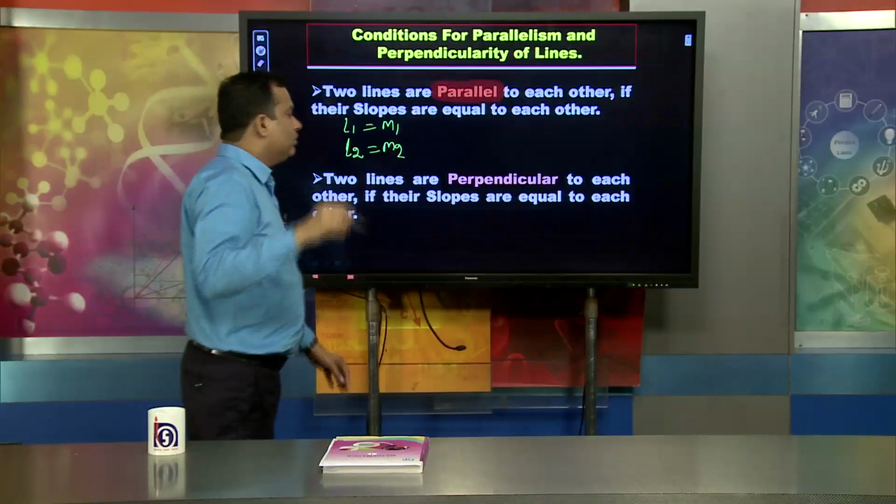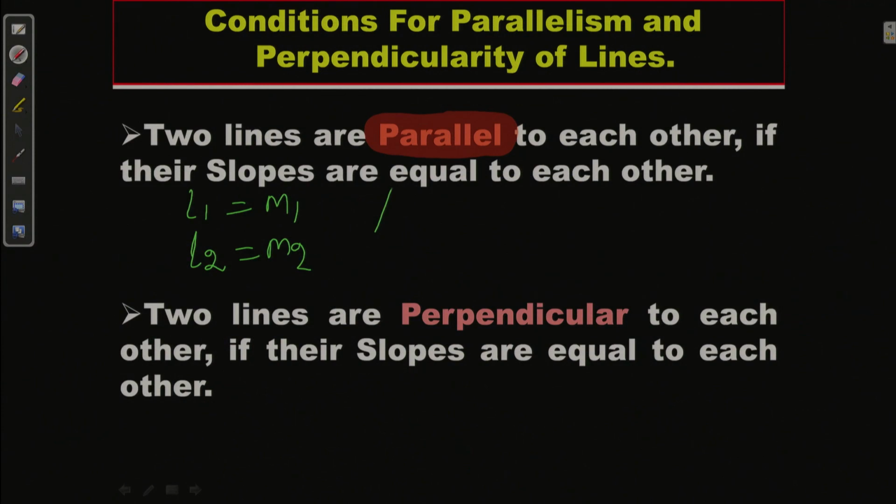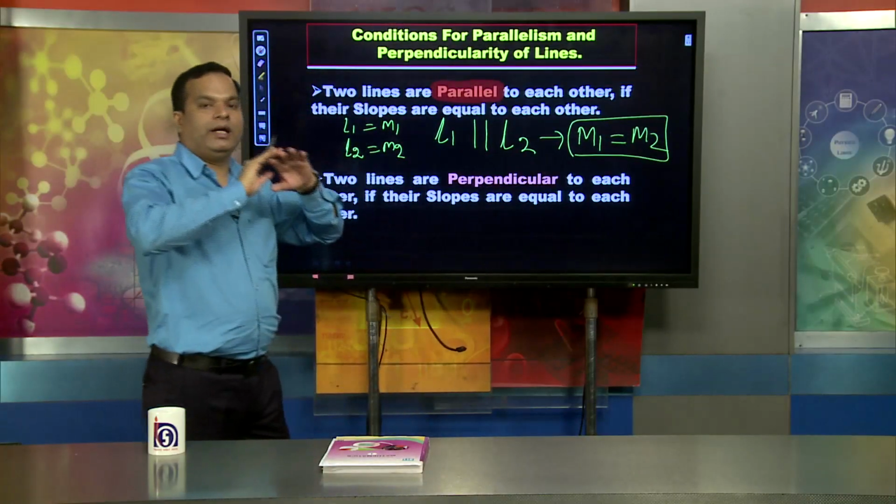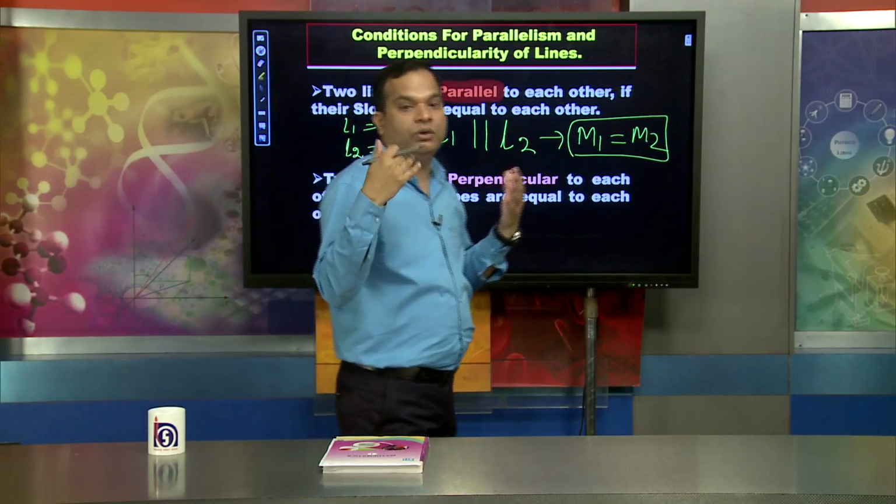L1 is parallel to L2, this is the parallel symbol, if m1 must be equal to m2. Then we can say the two lines are parallel, otherwise we cannot say the two lines are parallel.